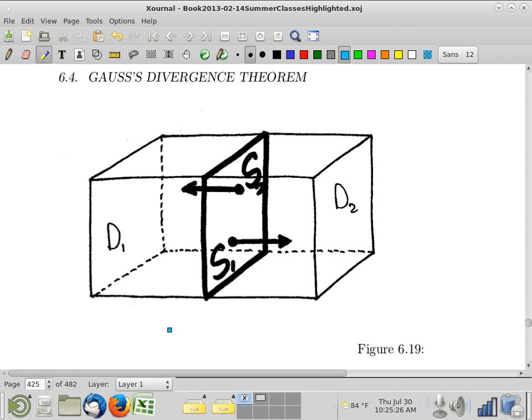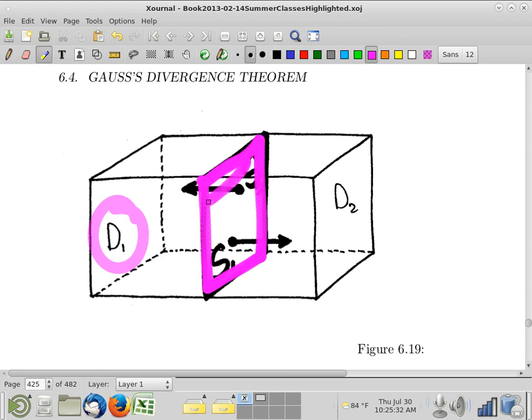Now, thought of as part of the boundary of D1, that face is oriented like that, outward, right? That's the rule. The orientation on a boundary face is oriented away from the solid that it's a boundary of.